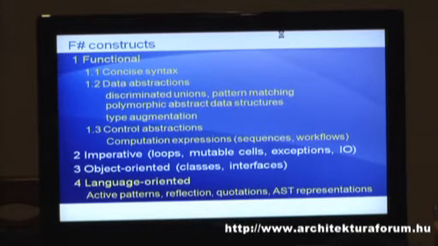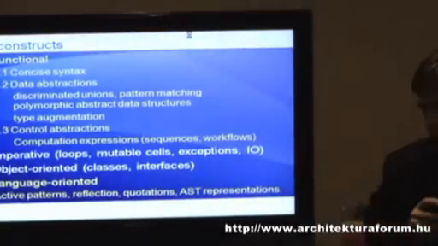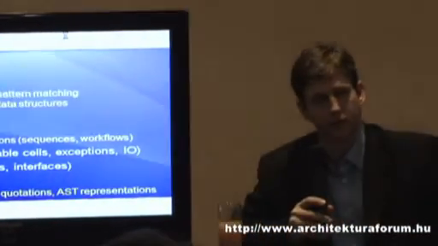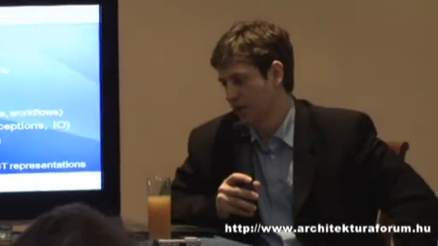So there are 4 different areas of F# constructs: functional, imperative, object-oriented, and language-oriented. Language-oriented is this funny thing that we coined. This is a term that hasn't existed in this context before. Language-oriented means that we are concerned about various different internal representations and transformations that take values in one representation to the other.